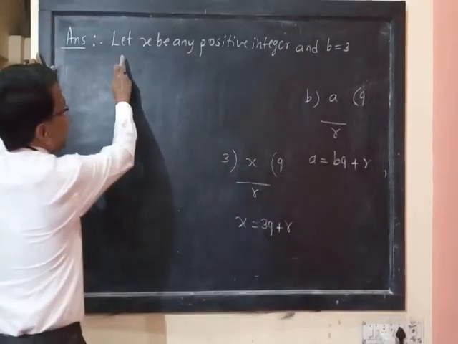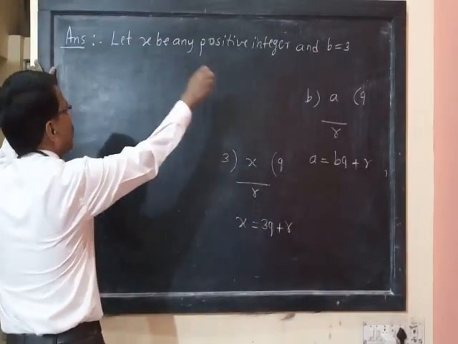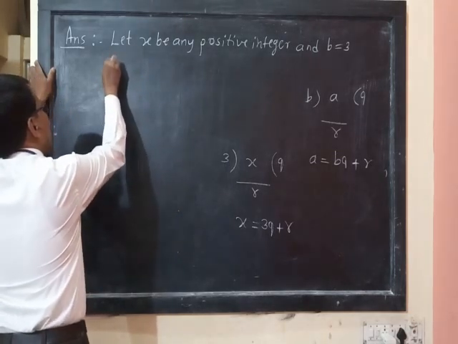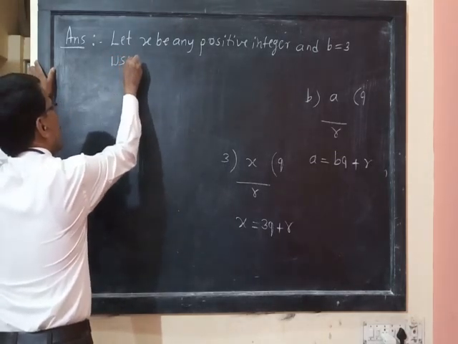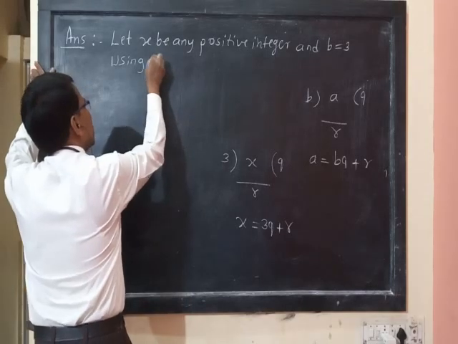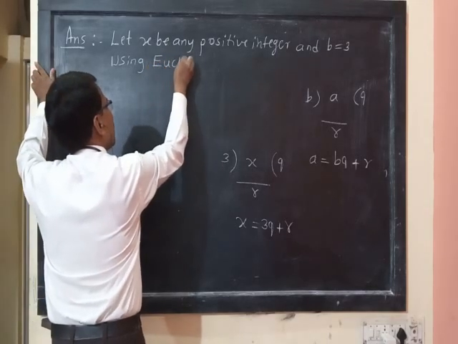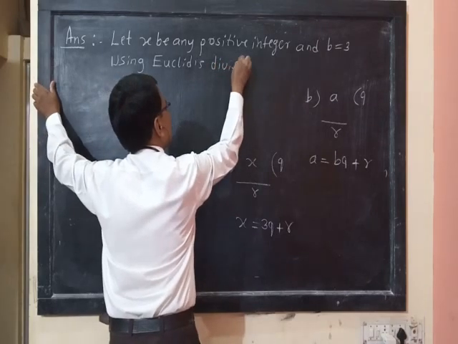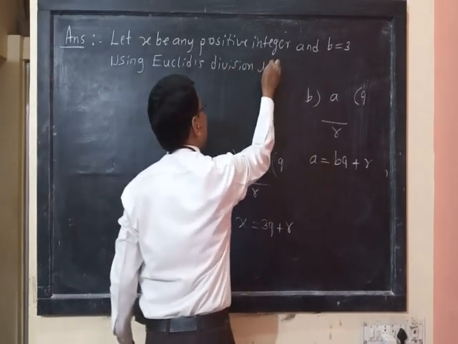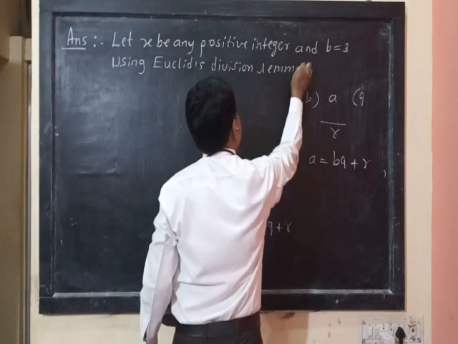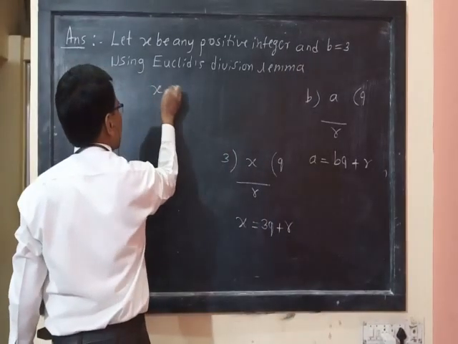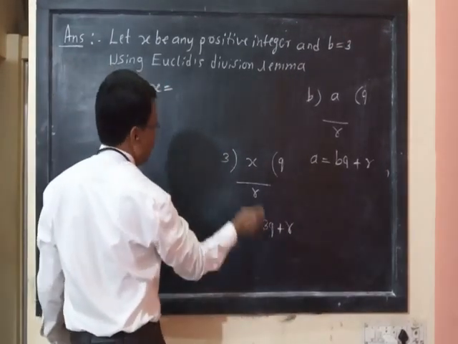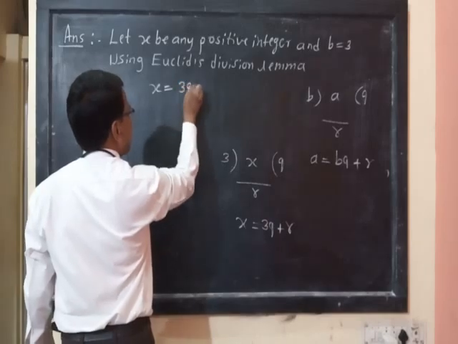So let x be any positive integer and b equal to 3. Then using Euclid's division lemma, we can write x equal to 3q plus r.